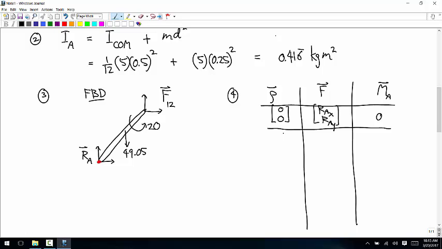And I think that is 0.1767, 0.1767. Force vector is 49.05 in the negative y direction. And that cross product is negative 8.667.